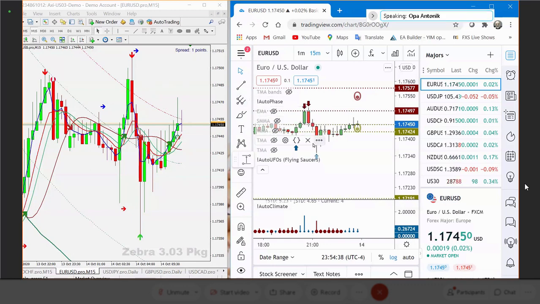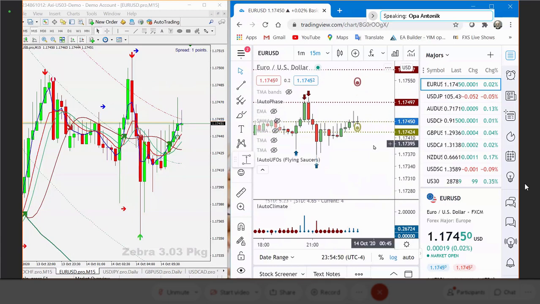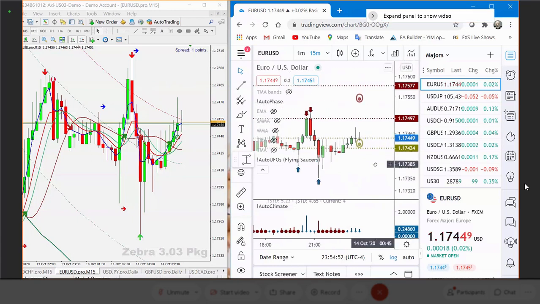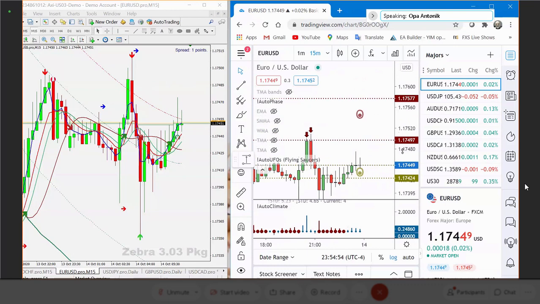You'll get these alerts to come in, and down here we have auto climate. Learning how to use the auto climate is another part of understanding the trade.